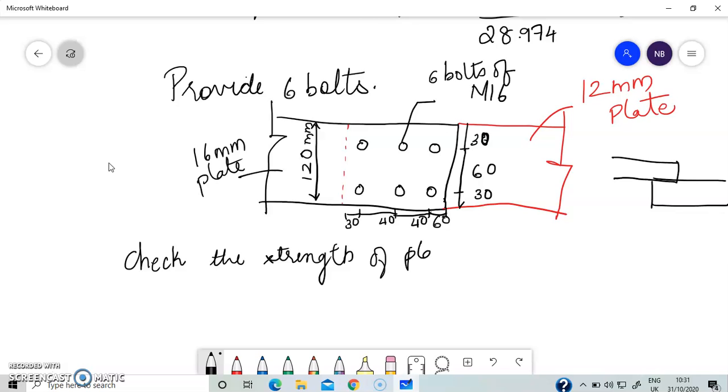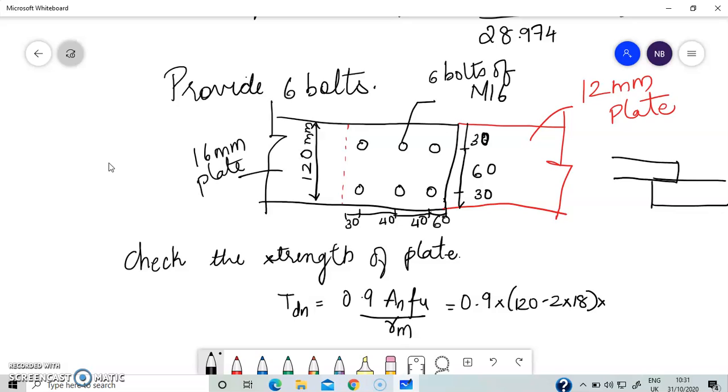Strength of plate, which is Tdn, 0.9 An Fu upon gamma m. So you see at each section there are 2 bolts. So An would be 120 minus 2 times the diameter of the hole into the thickness, the minimum thickness we consider.